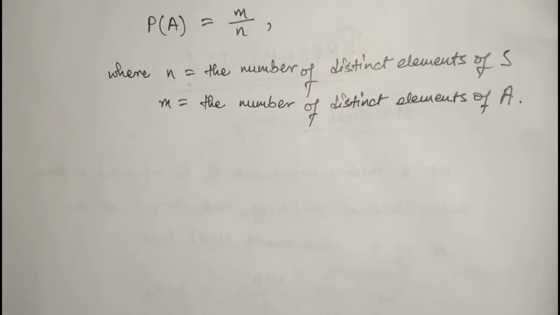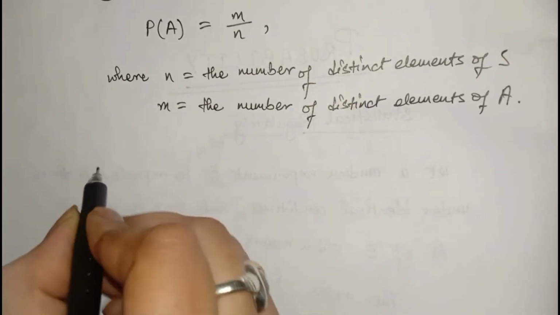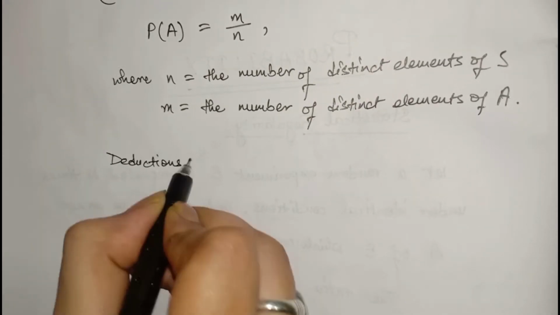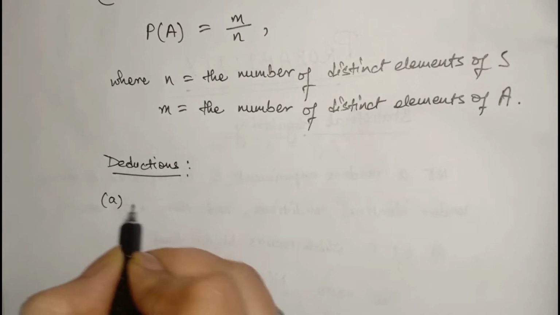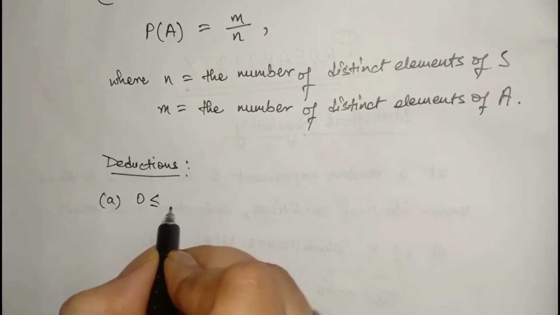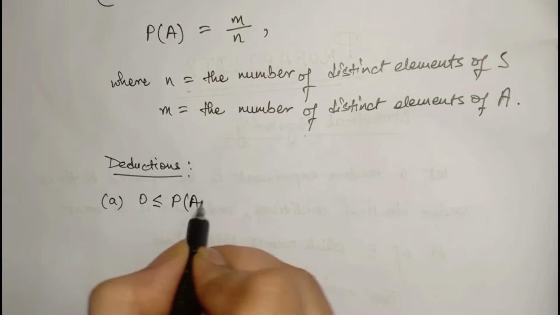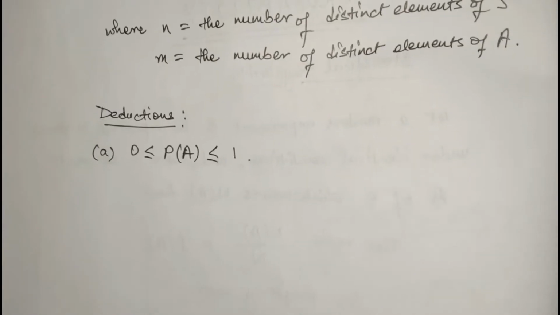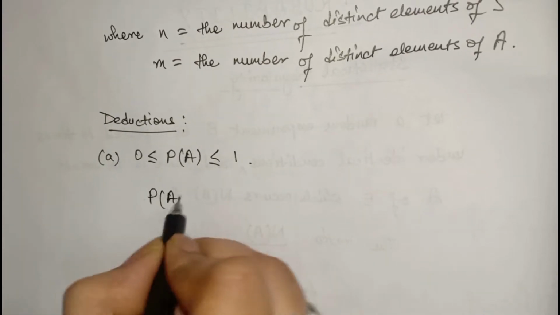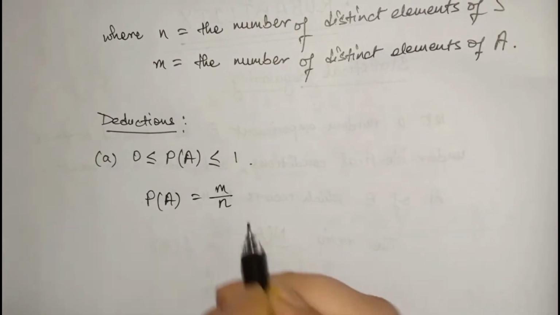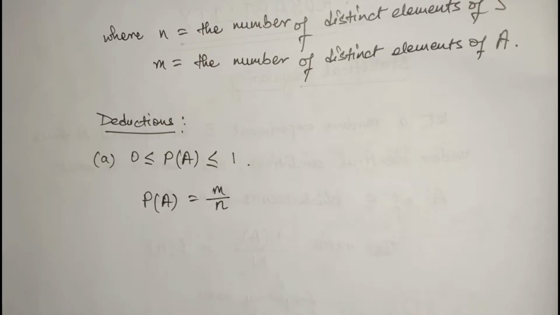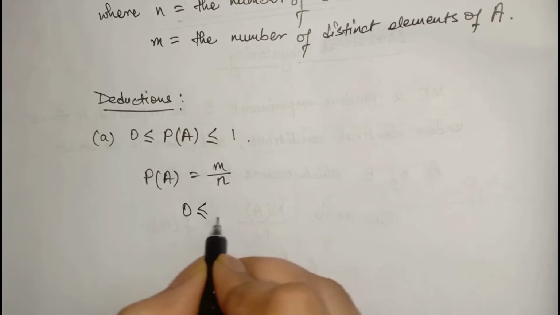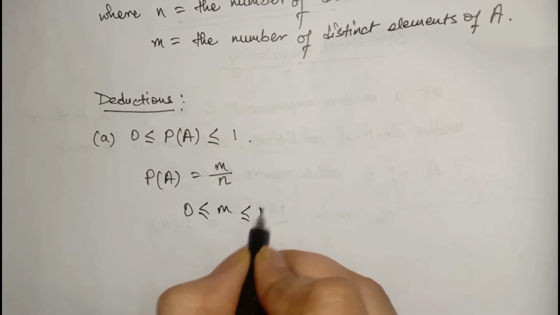Now there are 4 deductions from this. The first one is 0 is less or equal to PA less or equal to 1. For this, we have PA equals M by N. And here 0 is less or equal to M is less or equal to n.